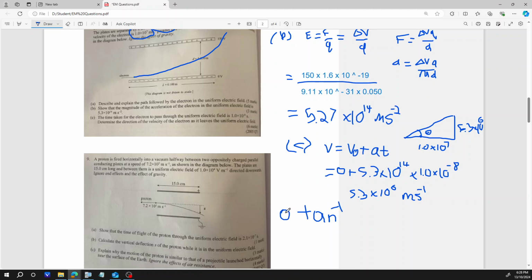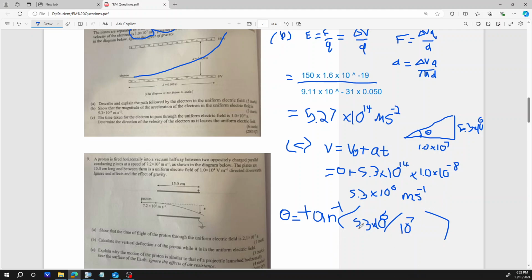Theta is opposite over adjacent. I'm lazy, so I'm just going to write it that way.